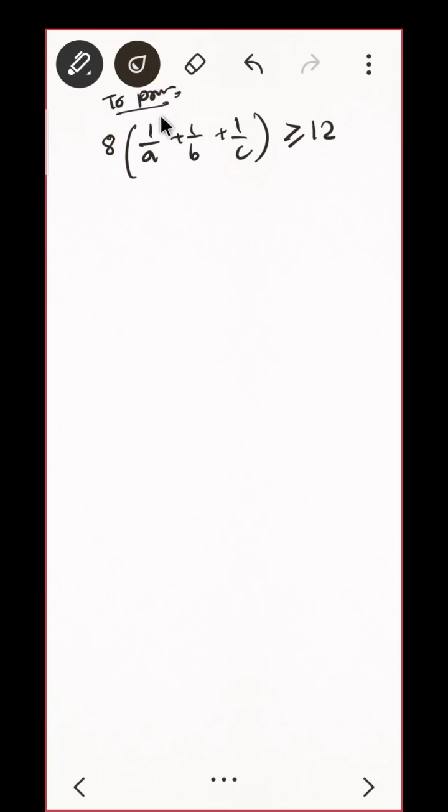Yes. Now can you think of it? You are having addition of three numbers. What should I do? Apply arithmetic and geometric mean on 1 upon A, 1 upon B, 1 upon C. Then only you will be getting some addition. Do you agree?